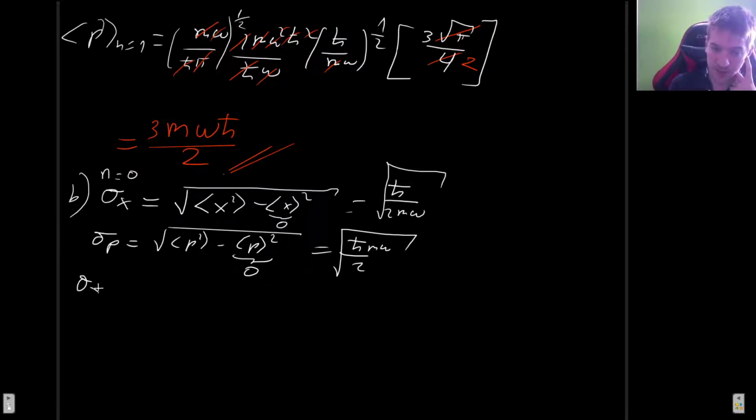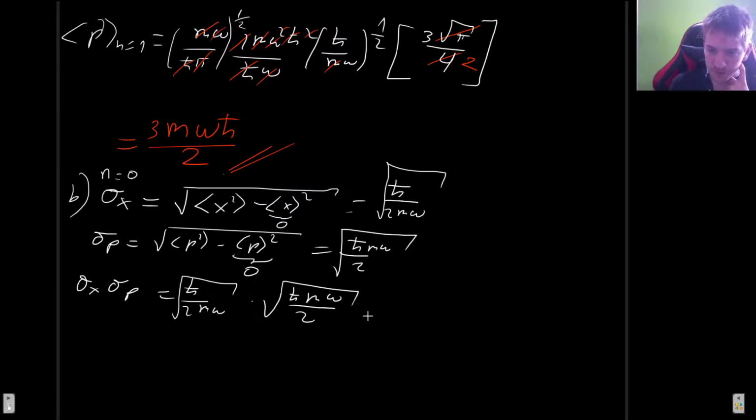So the uncertainty principle here is just the multiplication of these. So we get the square root of h bar over 2m omega times the square root of h bar m omega divided by 2. So now, as we can see, m and omega will cancel out, and we get h bar divided by 2.